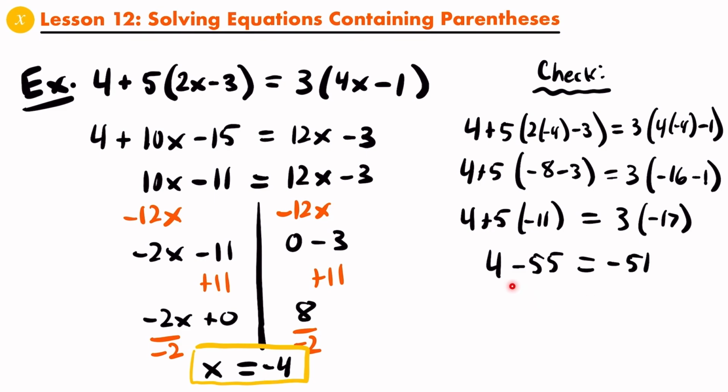All right, and so then 4 minus 55, or you can think of it as negative 55 plus 4, would be negative 51. And so we get negative 51 is equal to negative 51, which is a true statement. And so x equals negative 4 is the solution to this equation that contains parentheses.